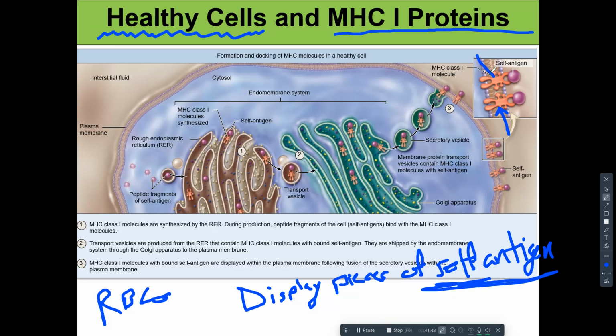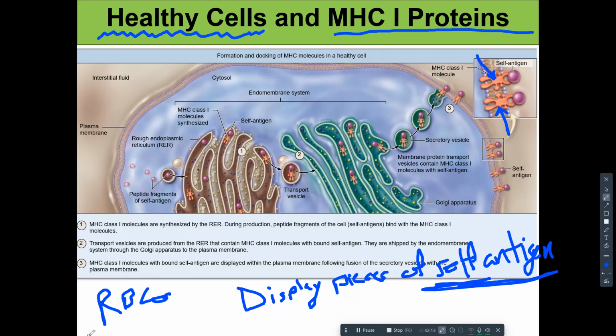So everybody is going to be doing this. Anytime a normal healthy cell makes proteins, it chops up a few, puts them on their surface. This is a way of saying, hey, I'm healthy. It's a way of telling the immune system to leave me alone. Now, red blood cells don't do this because, of course, remember, what are red blood cells missing?